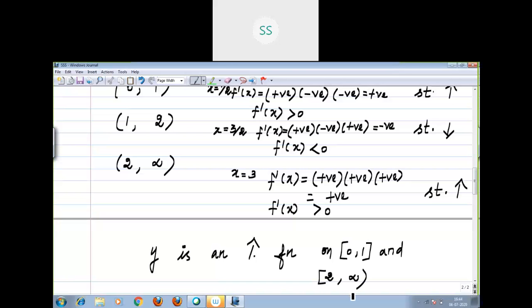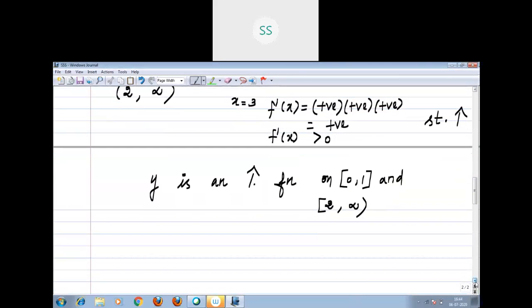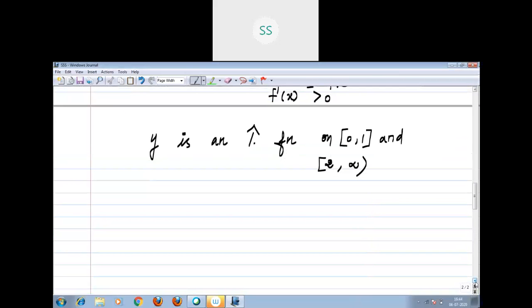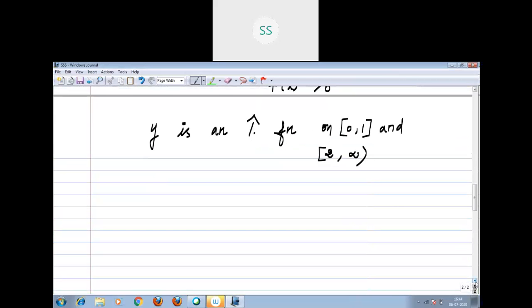Near infinity, I put an open parenthesis. That means there is no limit. Here, one thing you have to listen to, children. I will give the proof for why it is increasing in these two intervals only. That is, the derivative should be greater than or equal to 0, right?